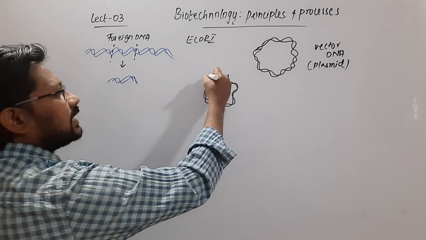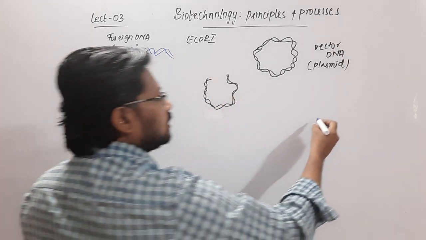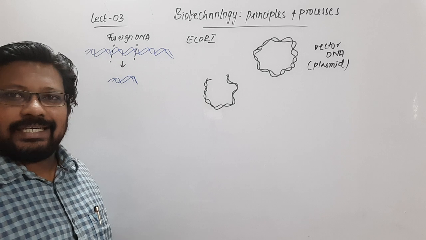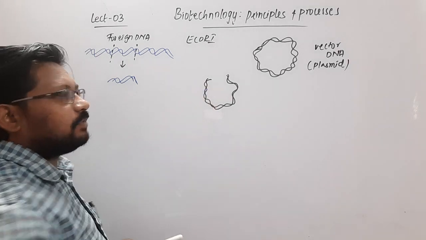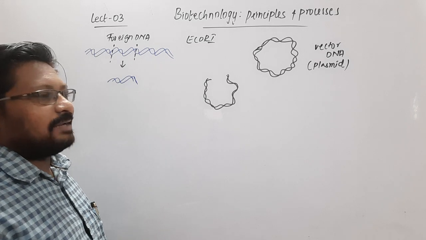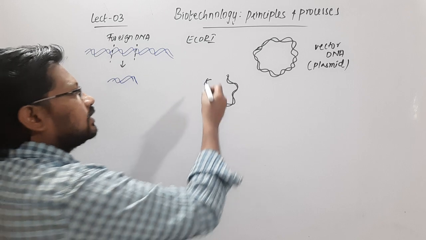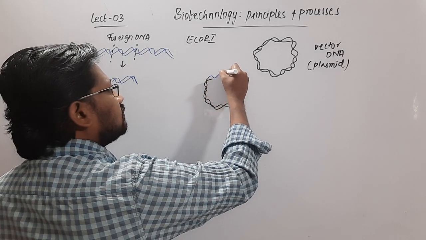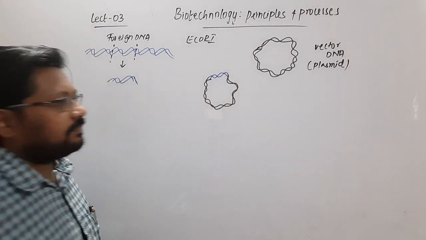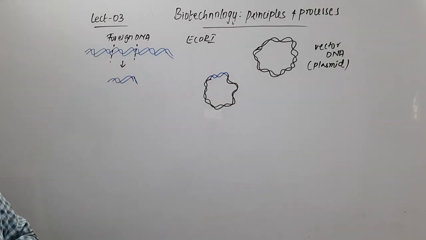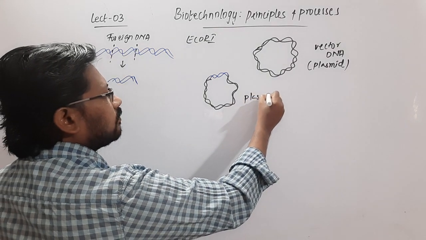And later, once I join this, of course I'm going to take it into a test tube and put this gene of interest and this vector DNA together, and apply something called DNA ligase. That DNA ligase will help in joining this gene of interest with the vector DNA, that is the plasmid.